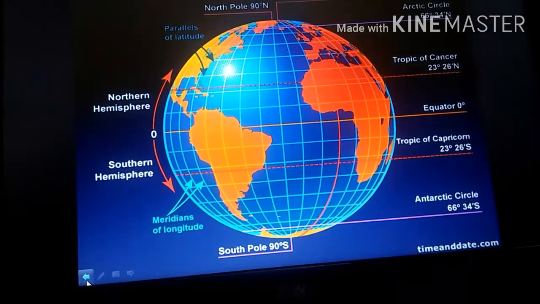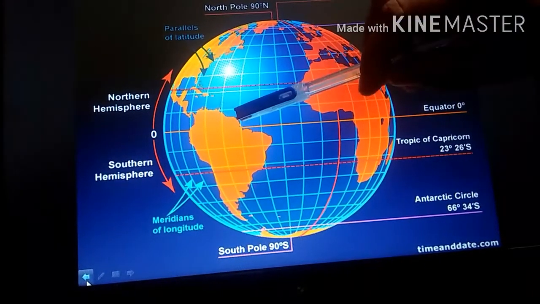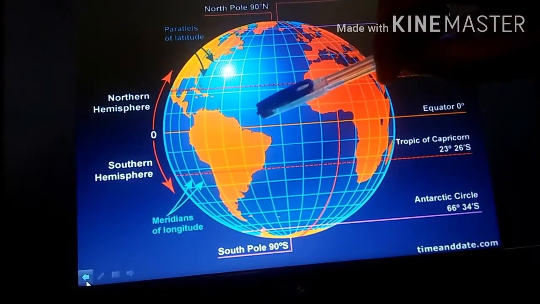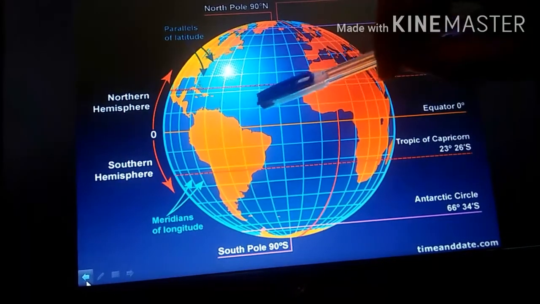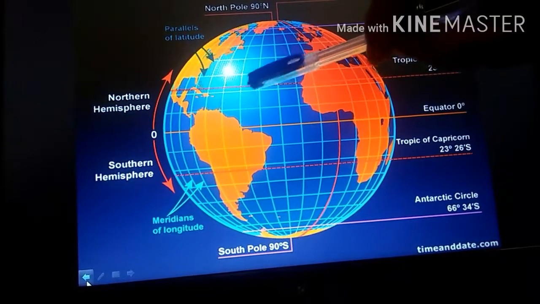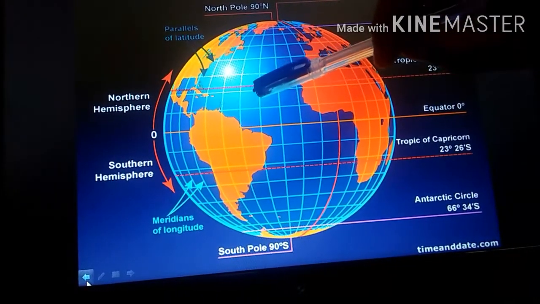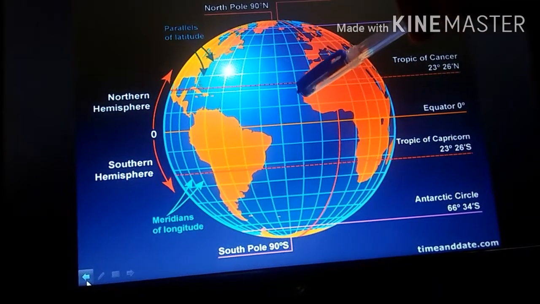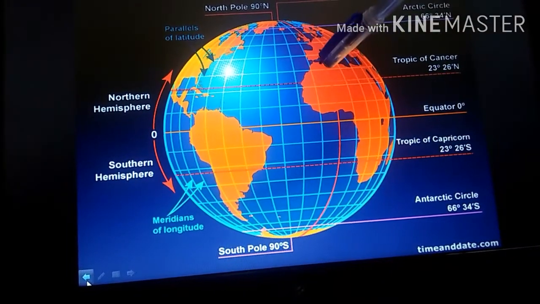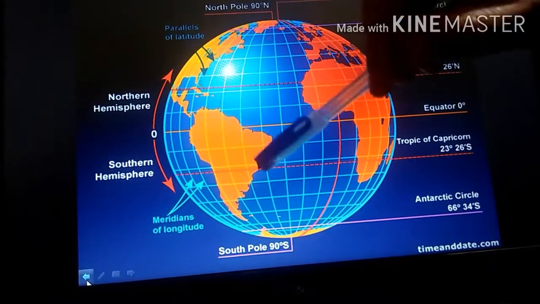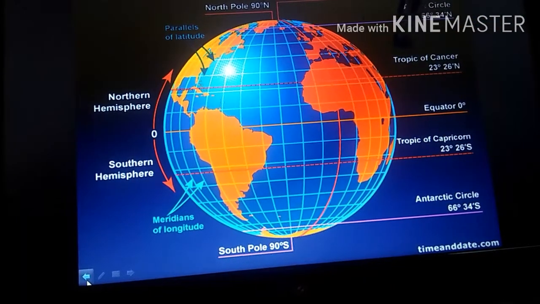Then you can see where these vertical and horizontal lines join, they form a grid-like structure. This is known as a grid, and these grids help us to locate a place, because the earth is not square in shape, it is spherical.